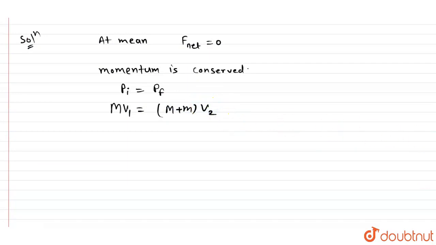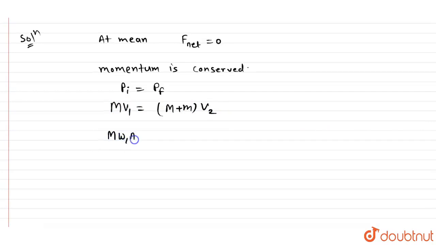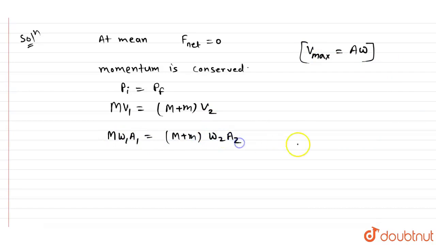Now we know that v1 can be written as omega 1 A1. We know that the maximum velocity is A omega. So you can write here M omega 1 A1, and here you can write M plus small m, and v2 as omega 2 A2.